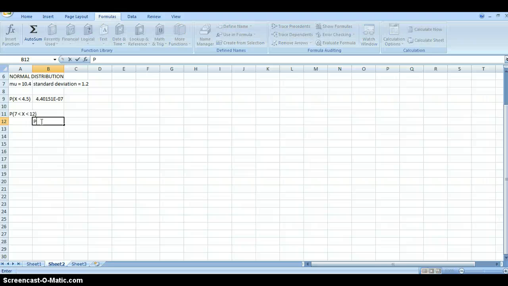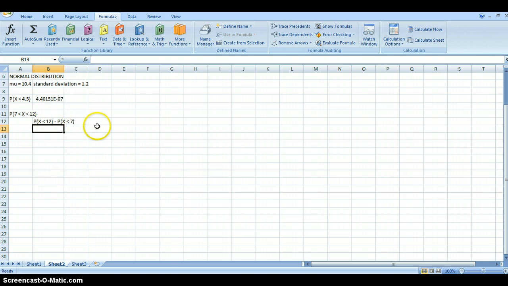So you're looking at taking the probability of x being less than 12, and you need to subtract off the probability that x is less than 7, because you're actually doubling up here, right? When I do between 7 and 12, if I do all the way to 12, I'm going from 0 to 12, and then here I'm going from 0 to 7. So 0 to 7 is actually doubled up.